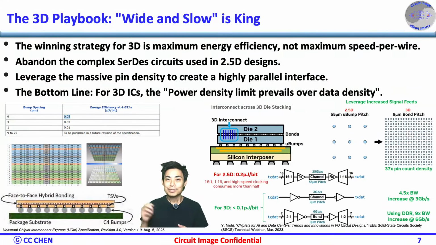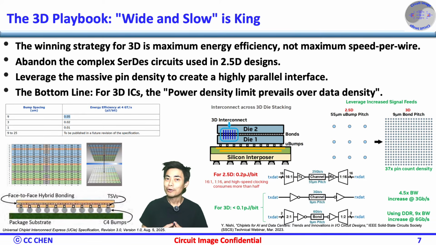The winning 3D playbook prioritizes energy efficiency over per wire speed. Abandon the power-hungry 16:1 SerDes used in 2.5D, make full use of the 37x pin count increase to build massive parallel interfaces, and use simple buffers or a low ratio serializer with DDR, running just 2 or 3 gigabits per second per lane.